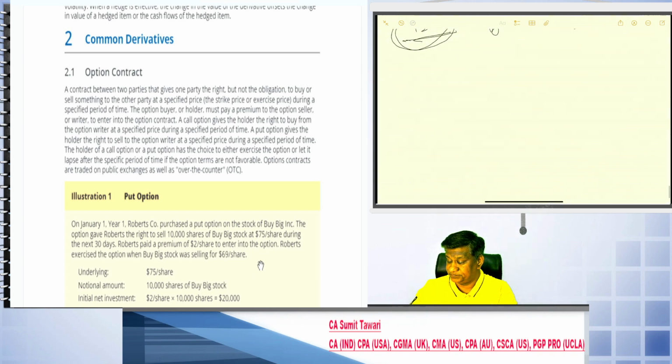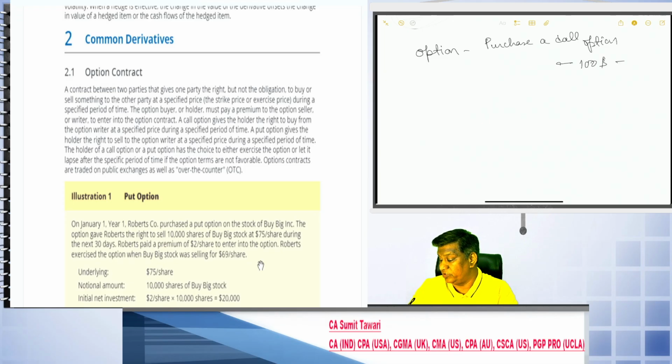Now, in options, if I purchase the call option, the purchaser always has an option. Call means the right to buy, for $100. If tomorrow the value of commodity X is 120, you are going to exercise the option because you have a right to buy at 100.